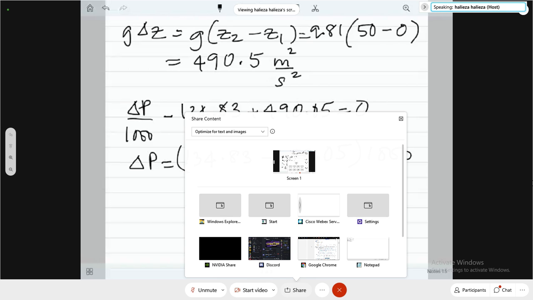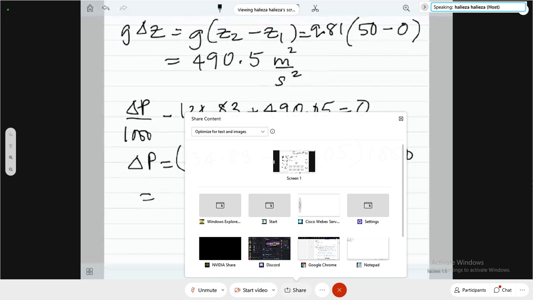Or if you want to show the unit, let's show the unit then. I need to write smaller. If I'm going to show the unit, I need to have space. Let me erase this because I need to rewrite the unit. 134.83 minus 490.05, that's meter square, second square.